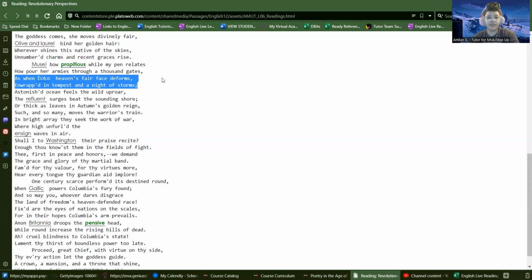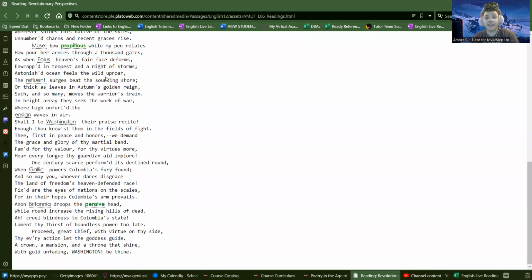So the armies here are being compared to a night of storms and a tempest. A tempest is a very specific type of violent wind. So basically we have a whole couplet here, 2 lines that are just dedicated to describing what kind of storm the armies were crashing through 1,000 gates.